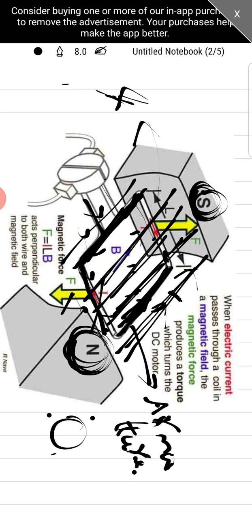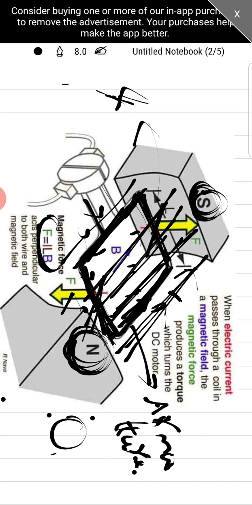Now we have this wire and this wire, another two wires. These two wires are placed perpendicular to the magnetic field. Whenever a current carrying wire is placed perpendicular to the magnetic field, then the force acting on it is F equals BIL.